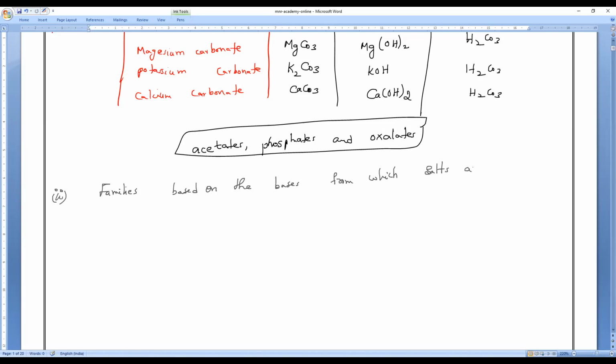So very simple. Look into the above tabular column, everywhere: first salt in chlorides, first salt in nitrates, first salt in sulfates, first salt in carbonates. What is the base?